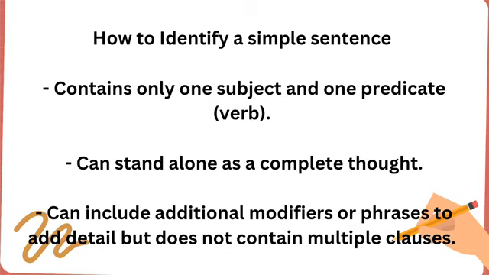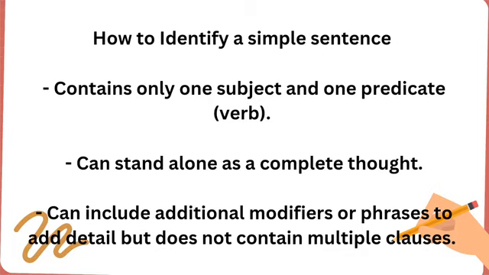A simple sentence contains only one subject and one predicate. And when I say predicate, I mean a verb. Also, a simple sentence can stand alone as a complete thought. Remember, we said that a simple sentence contains only one thought. Okay, so a simple sentence can stand alone as a complete thought.